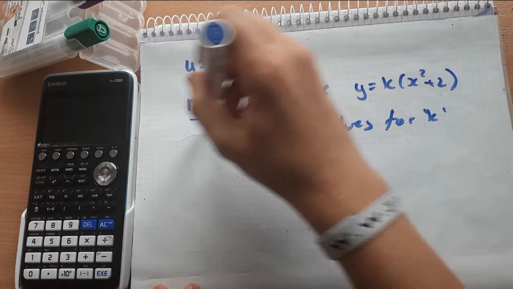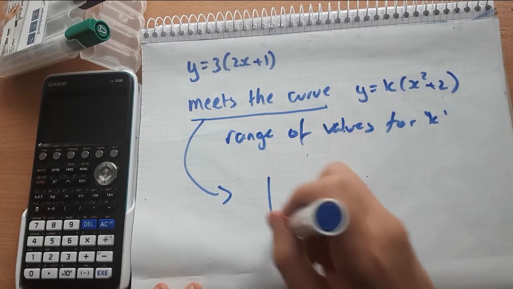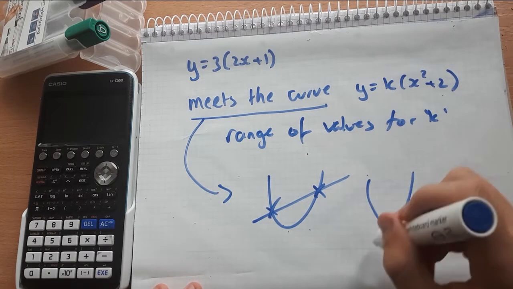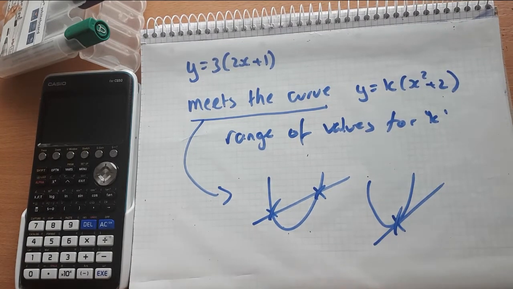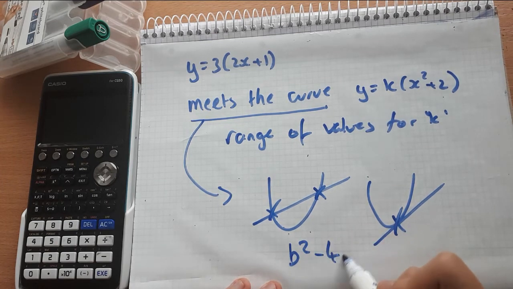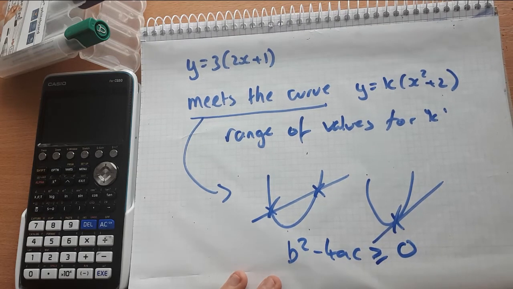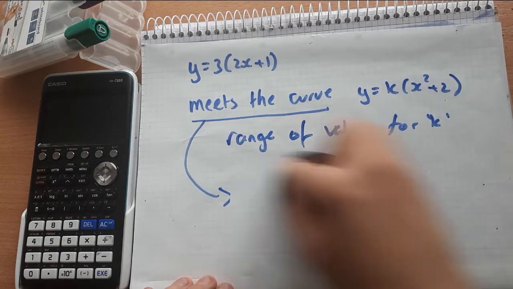Now, this could mean this, or it could mean that. Both of those meet the curve. Therefore, we're going to be using b squared minus 4ac is greater than or equal to 0 to work it out. So let's start into the question.